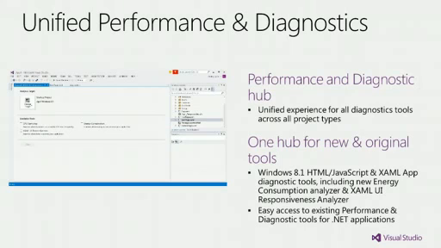So if, for example, you're writing a Windows 8.1 application, of course we've got the profiling tools that we would have ordinarily for code, but we also have some new tools like a UI responsiveness analyzer that gives you response rate and frames per second that you've got available to you.